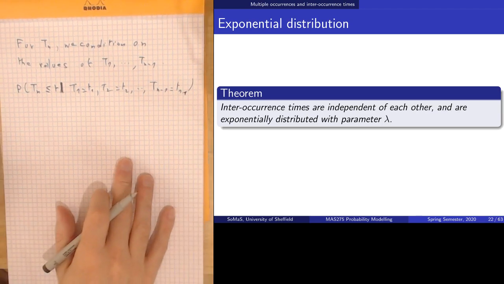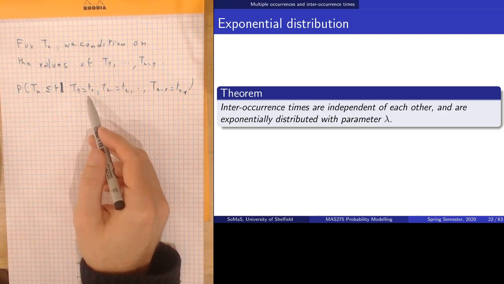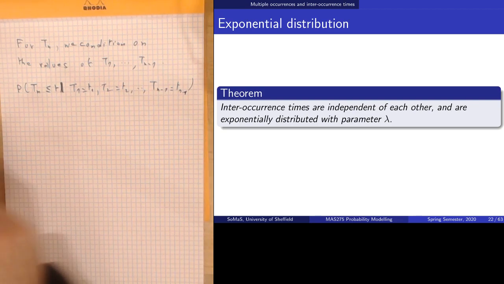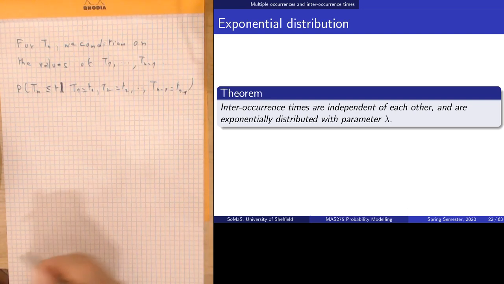So what I'm saying is I'm conditioning on the values of all these guys. I say, well, T1 is little t1, and so on. And of course, I should have said this is for all positive t, t1, t2, tn minus 1.